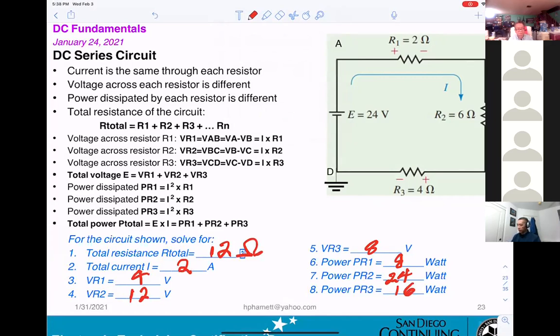Make sure everyone gets that answer. I don't understand where these calculation results came from.